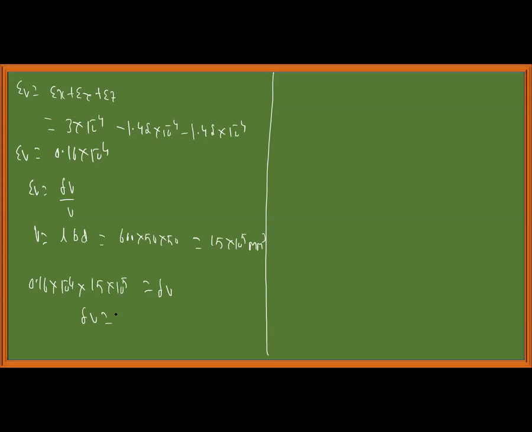Delta V is 24 mm cube. If you ask for the final volume, final volume is equal to initial volume plus change in volume. Initial volume is 15 into 10 power 5 plus change in volume 24. Final volume is equal to how much?